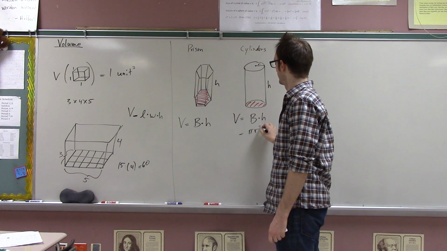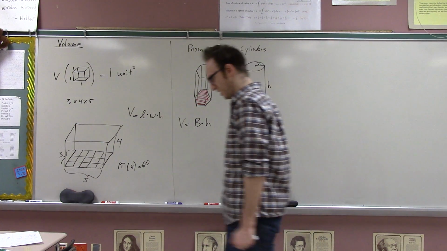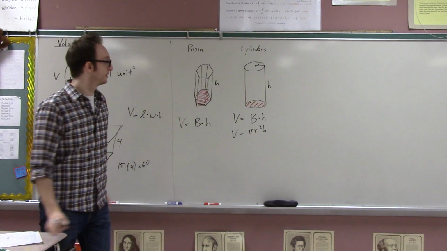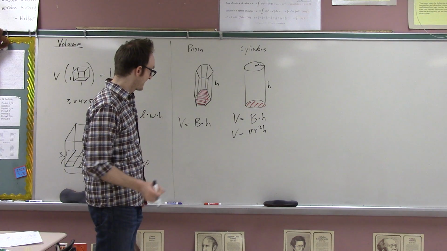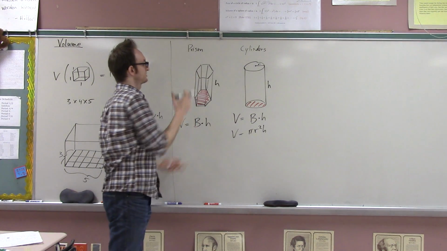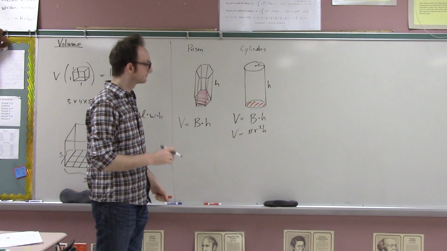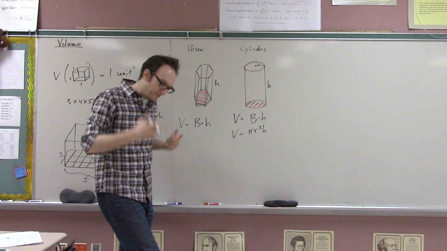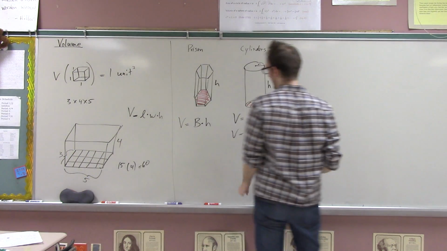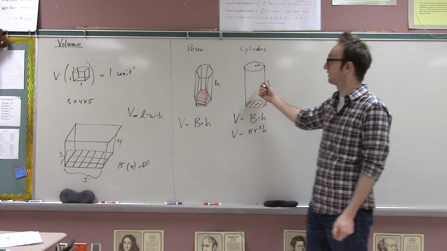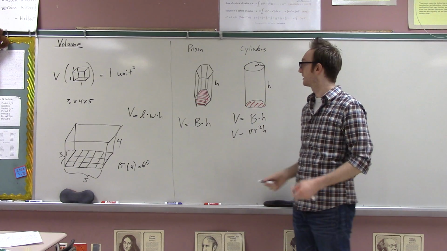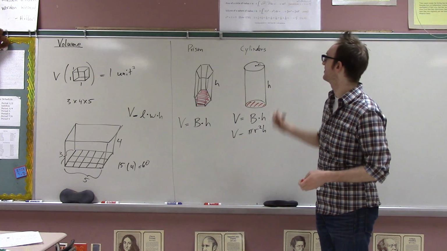It's pi r squared h. All right, and in fact, fancy people will just call all of these cylinders. And this just happens to be a cylinder whose base is a hexagon. So you might even just start there, actually, as a kind of an axiom of volume, that any cylinder is going to have formula volume equals base times height.